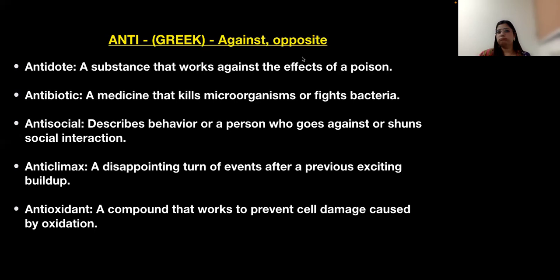Someone who's very meek, someone who doesn't want to have a conversation with the people around. So antisocial. Anticlimax, a disappointing turn of events after a previous exciting build-up. Antioxidant, a compound that works to prevent cell damage that is caused by oxidation of certain elements present in the cell.